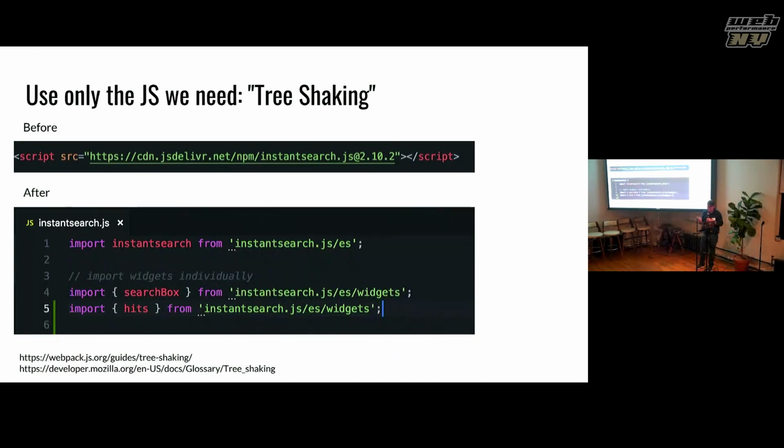So again, the same thing: we want to use only the JavaScript that we need, right? Before, I was just calling in instant search, which is Algolia's very nifty catch-all. You can just drop widgets into your page, and it does everything for you, and it's pretty amazing. But I was calling one big script when I was only using, in this case, 2 widgets.